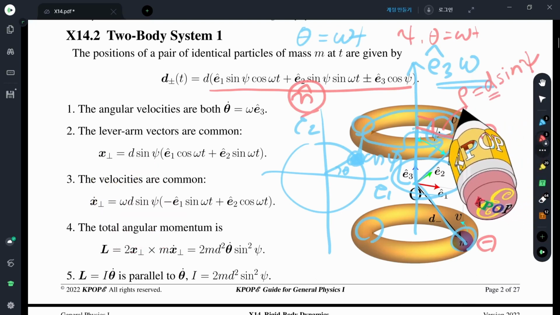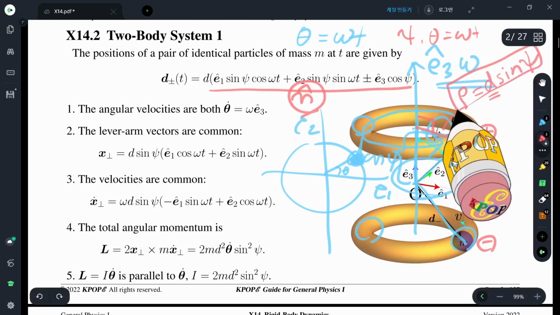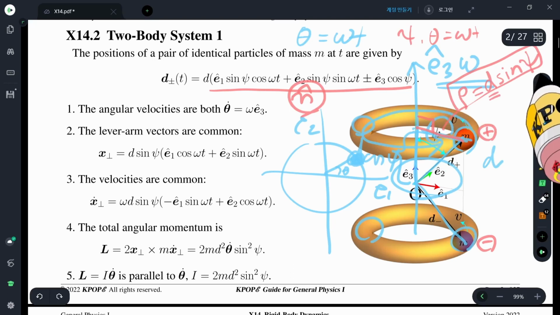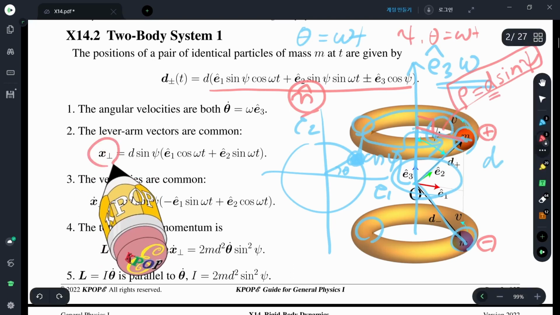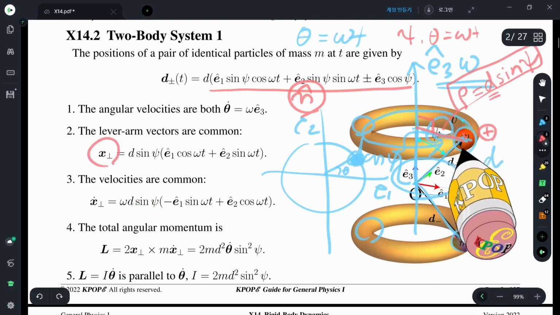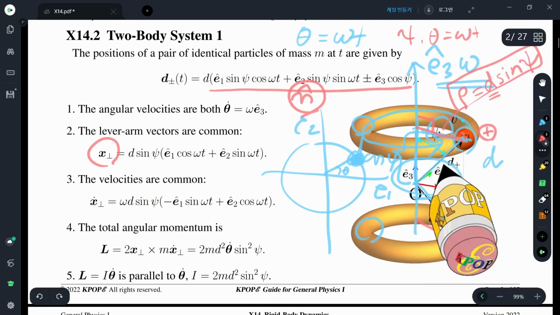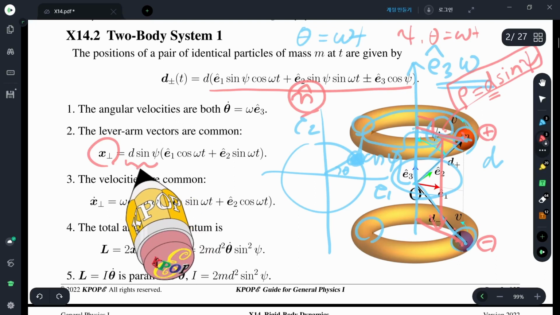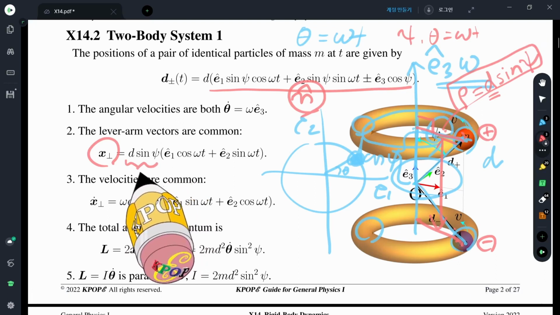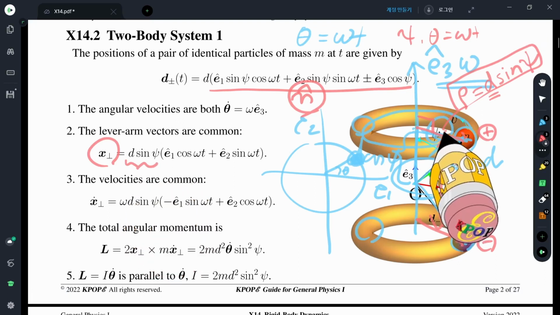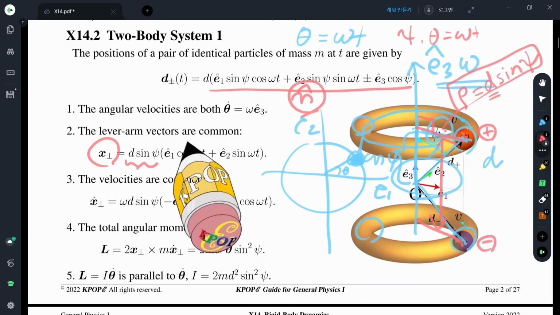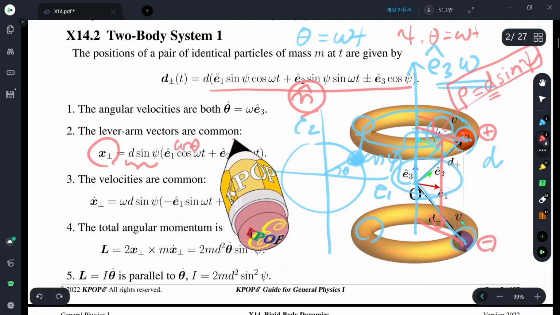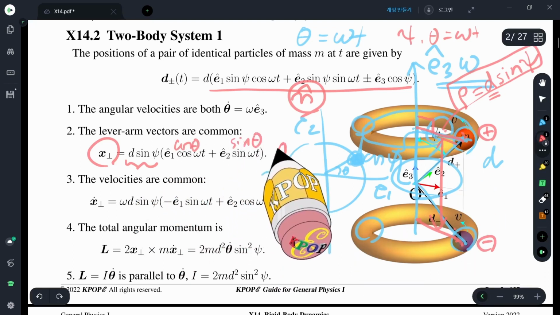As I already explained, the planar radius rho is d sine psi, therefore the lever arm vectors of each particle are identical to each other. So d sine psi is the radius, and the unit planar radial vector is cosine theta and sine theta, where I have substituted theta equals omega t.